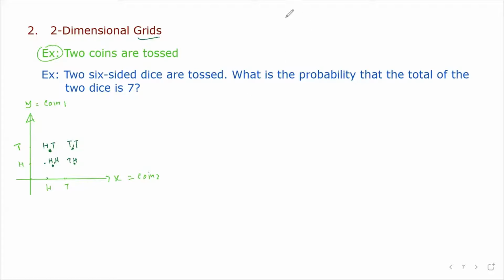Okay, the next example: two six-sided dice are tossed. What is the probability that the total of the two dice is 7? If you want, you can use a table or use a grid. So I do this one first.